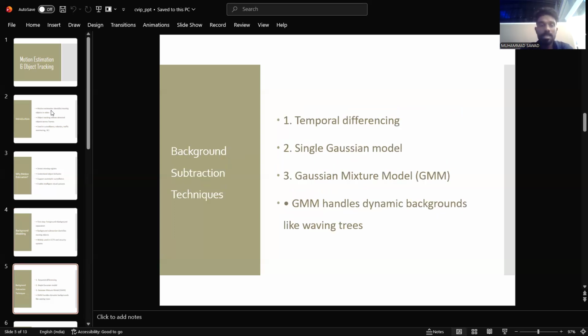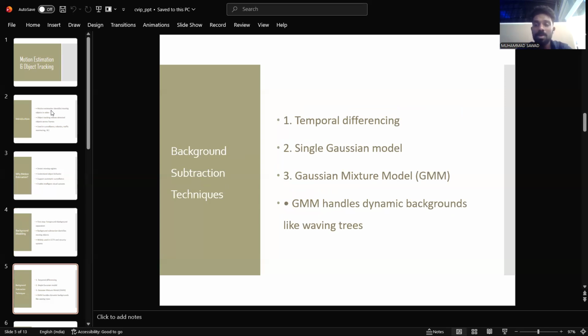In the next slide, we are going to talk about background subtraction techniques, which are mainly temporal differencing, single Gaussian model, Gaussian mixture model, GMM, and dynamic backgrounds. There are several commonly used methods. The first one is known as temporal differencing.